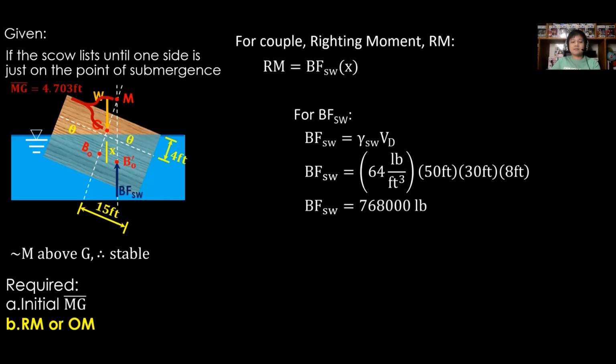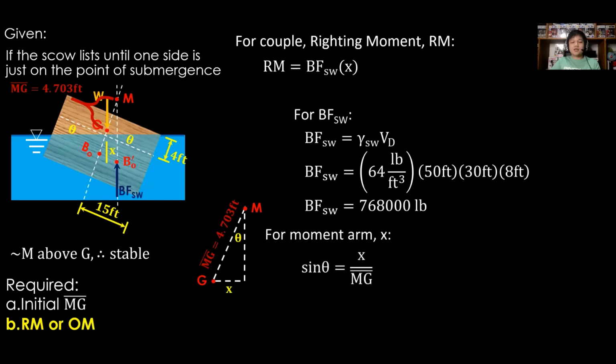768,000 pounds. On the other hand, for the moment arm or lever arm X, consider the right triangle representing the distance MG bar, X, and tilting angle theta. By trigonometric function, the sine of theta is equal to the opposite, that is X, over the hypotenuse, which is the distance MG bar. Rearranging, X is equal to MG bar times sine of theta.